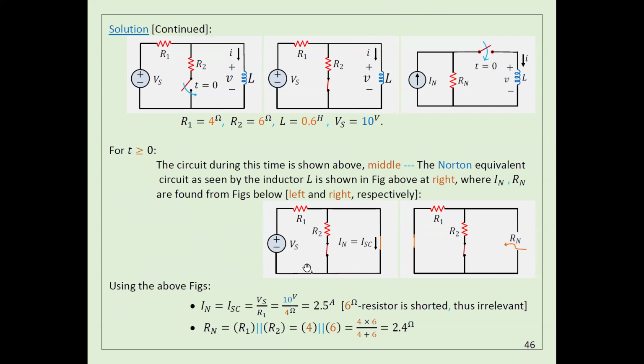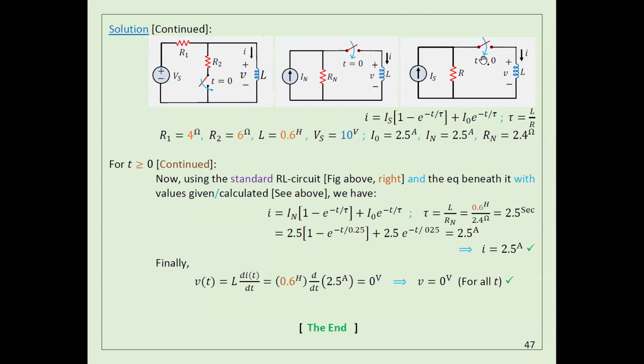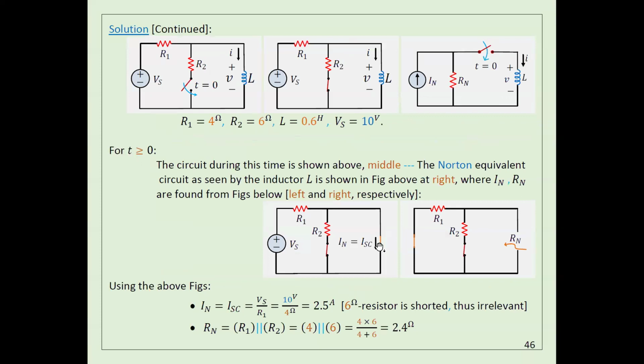So this circuit is just to calculate I Norton. This circuit is to calculate R equivalent. Once I calculate, this circuit becomes like this one. So there's no short circuit. This short circuit was in this circuit when you calculate I Norton, but that doesn't mean the short circuit will continue. You understand what I'm saying?